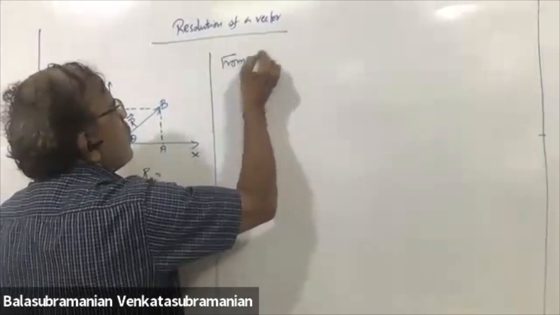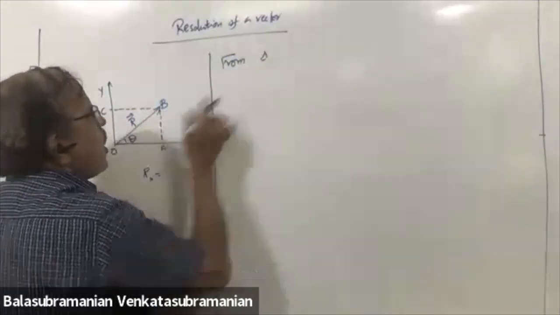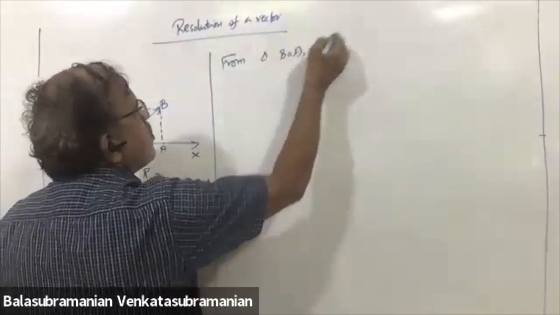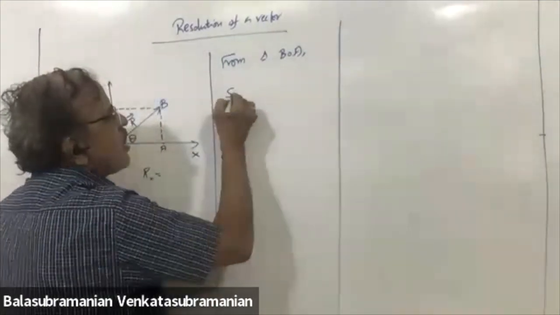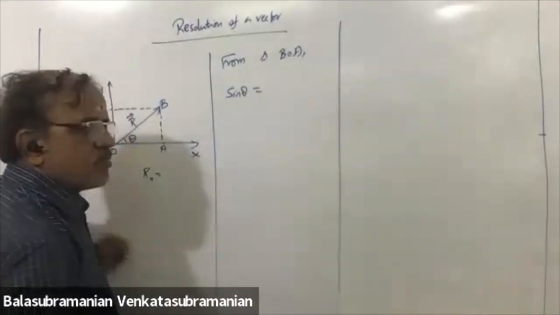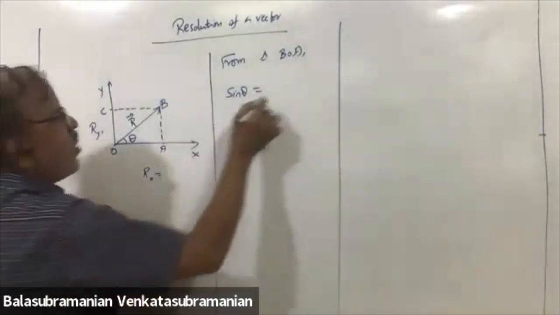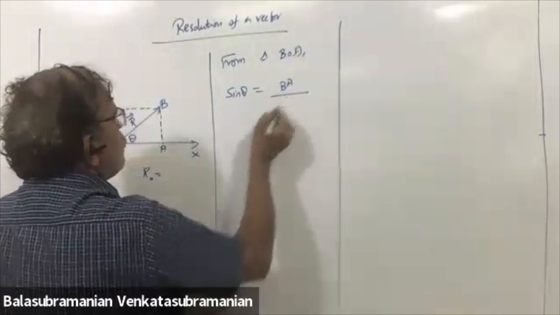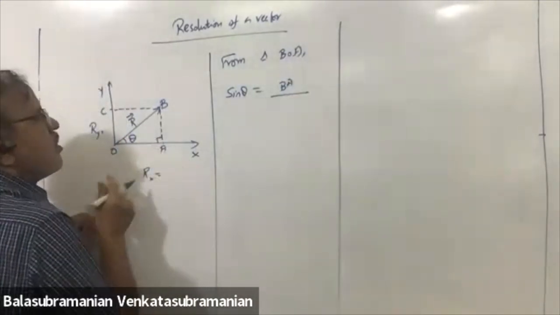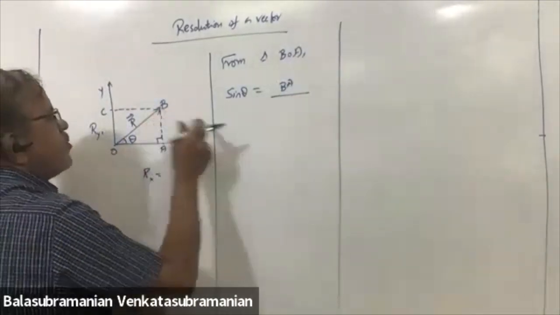From triangle BOA, calculate sin theta. If we calculate sin theta, it is opposite side BA by hypotenuse OB.